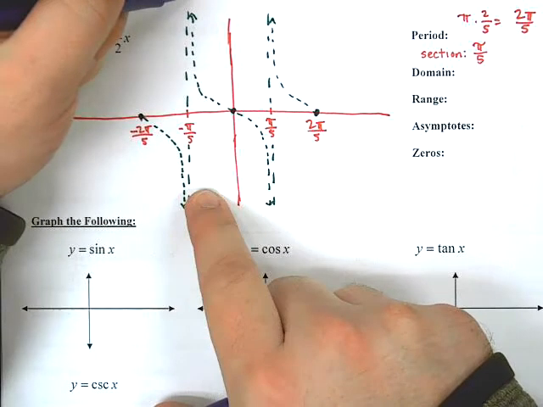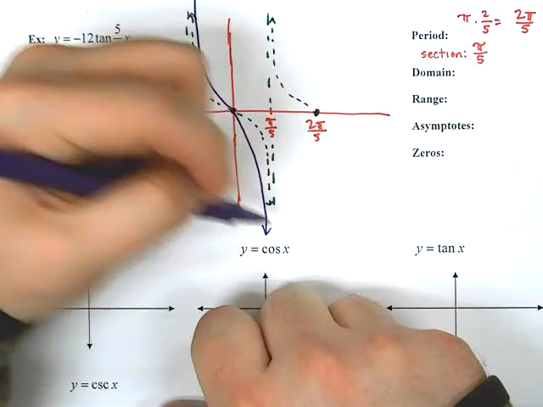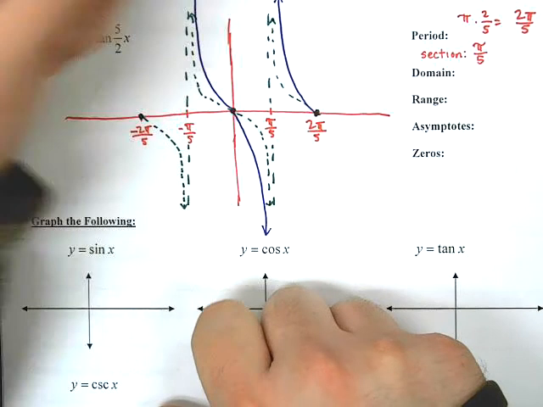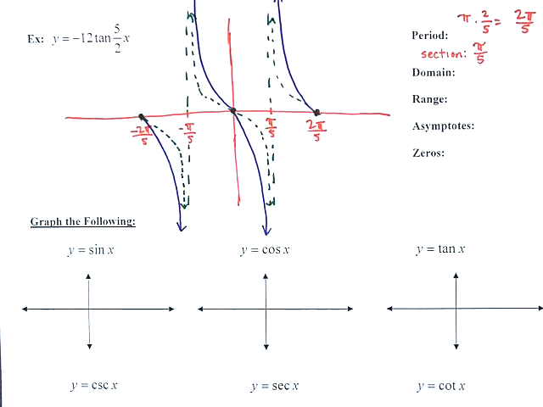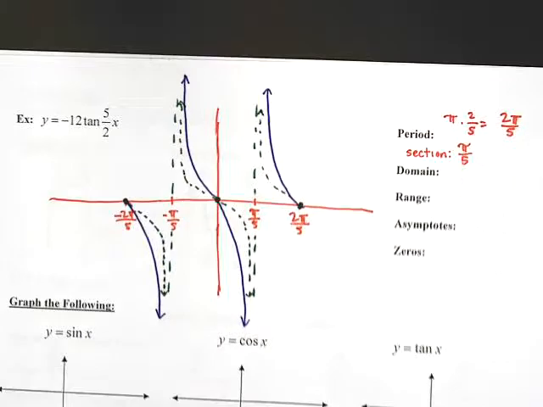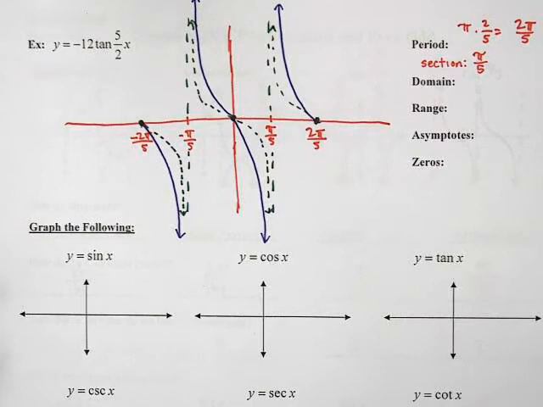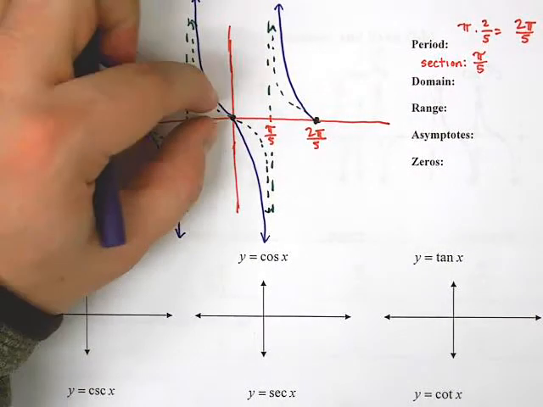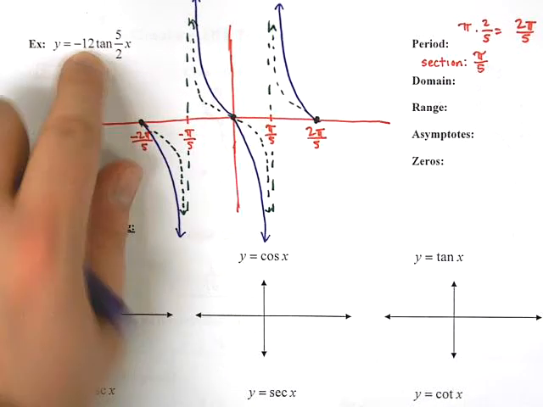So something like this. I know it's not super pretty, but it'll get the job done. And then lastly, something like that. Okay? So I'm a little bit off the paper, but that's something close to what I would be looking for. Hopefully that makes sense, right? It has to be further away from the green dashes because of that vertical stretch of 12.